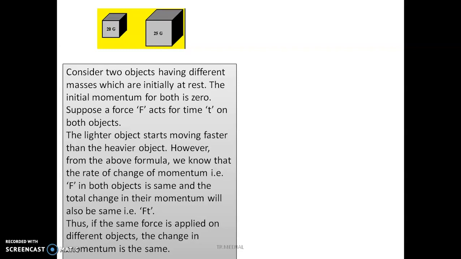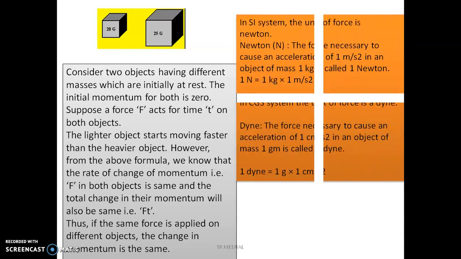So if the same force is applied on different objects, the change in momentum is the same. Here I am not saying that they will move with the same speed. Depending upon the mass of the object, it will be fast or slow, but the change in momentum will be the same.